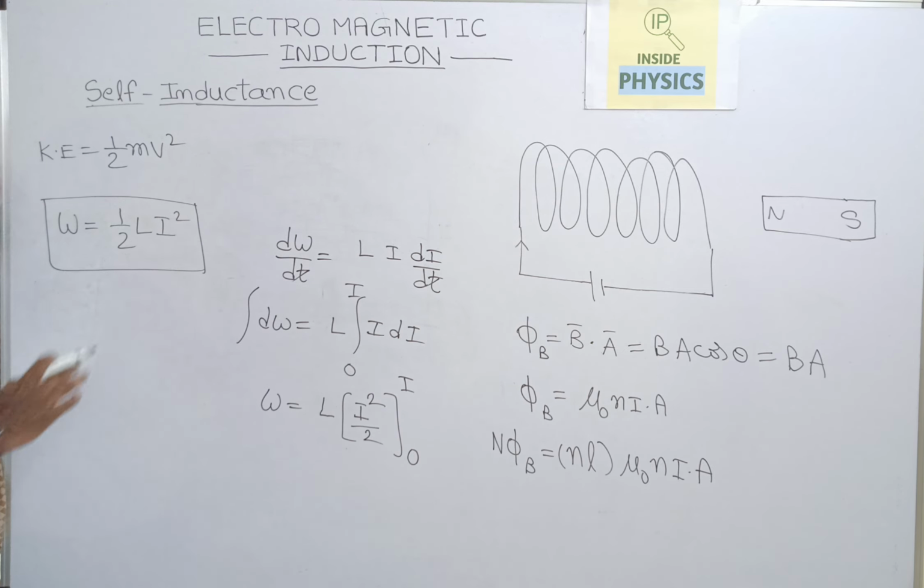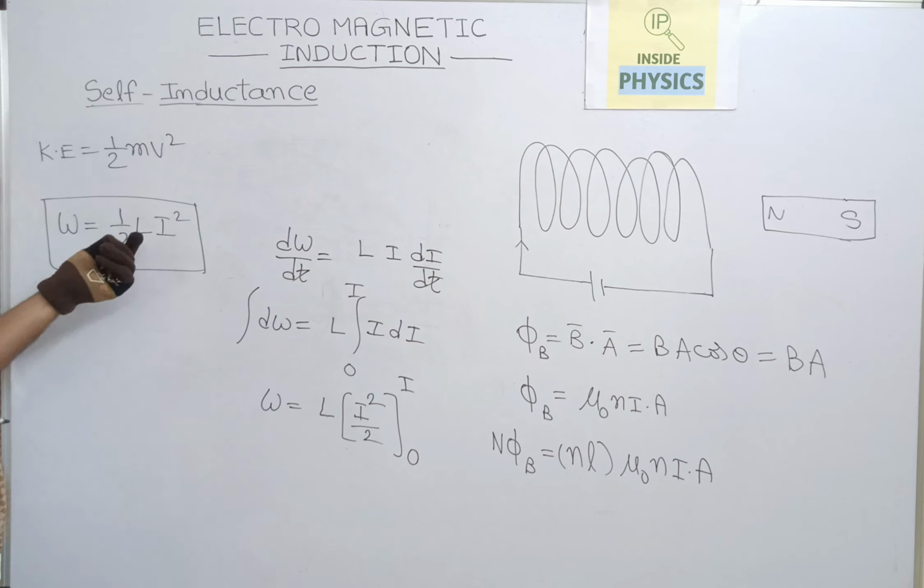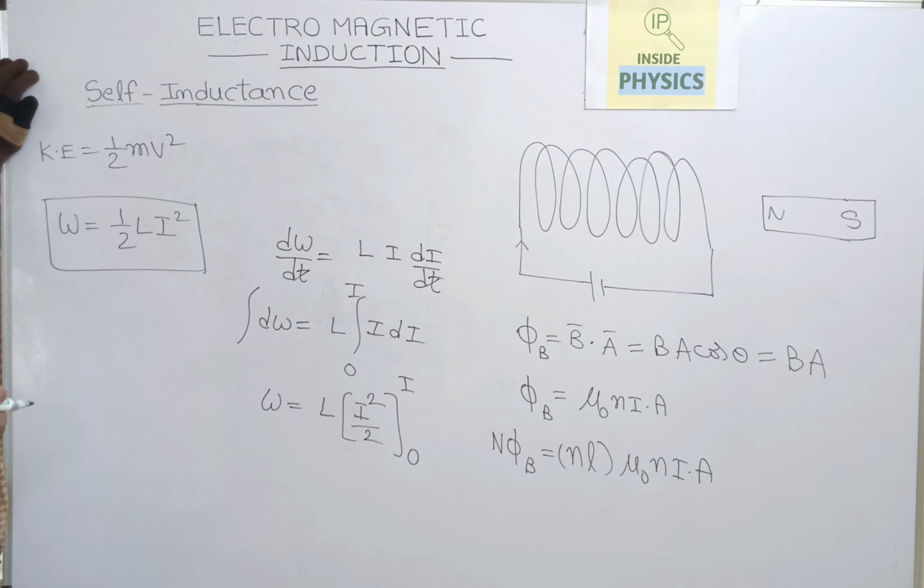Look at this. So we can understand by this that the self inductance, the L, is analogous to mass in the mechanical study. When you are studying mechanics, that means the motion of objects, the mass is considered as the cause of inertia, right?